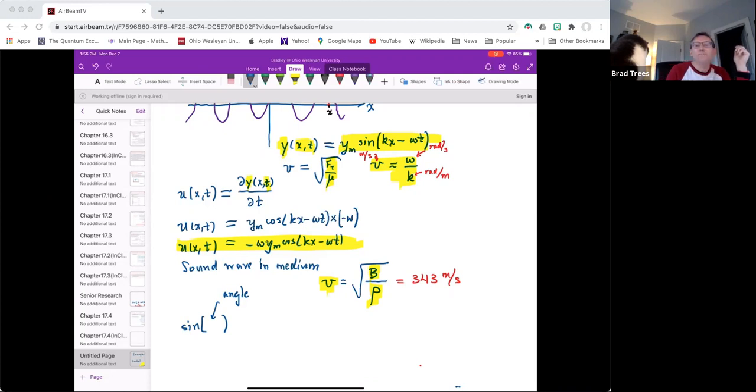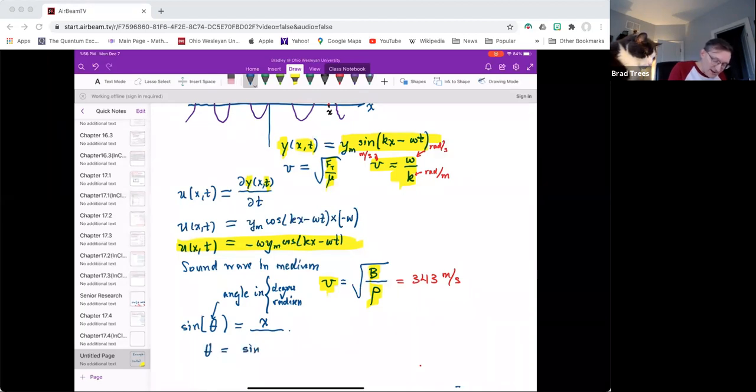So you have to know what unit the angle is in. Is it in degrees, or is it in radians? And that will determine what mode your calculator's in when you take the sine or cosine or tangent. Now you can turn that around and say, suppose I've got some angle theta and I already know what the sine of it is. This is just some number x. Well, the way we get theta then is we take the inverse sine of both sides.